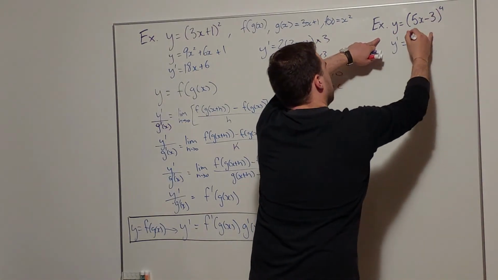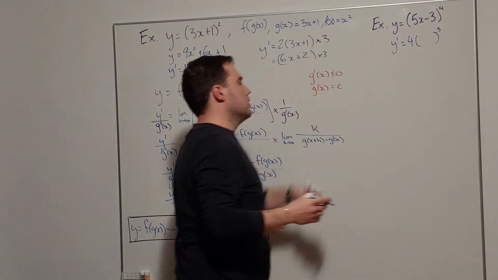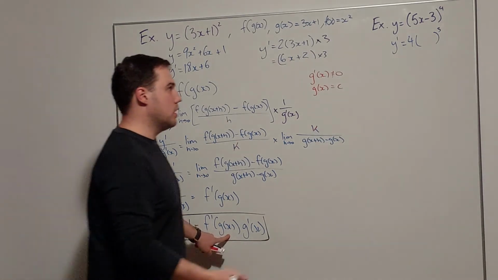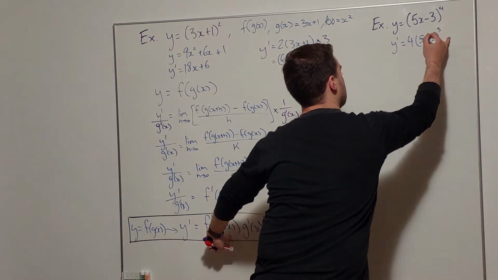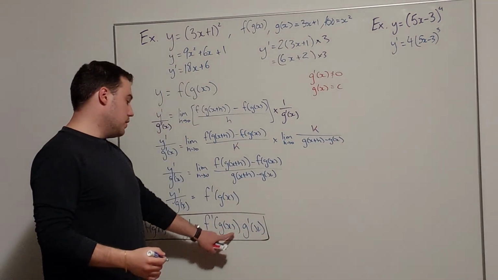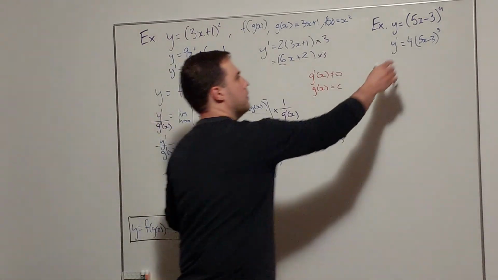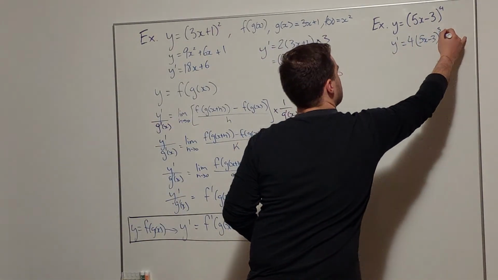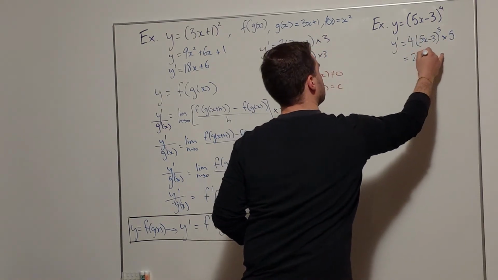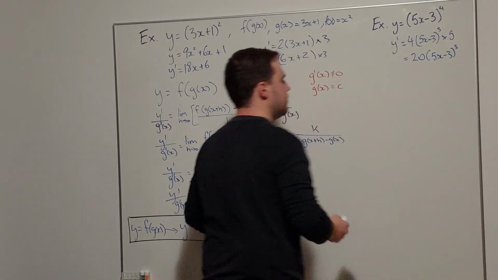We bring the power down and subtract 1 from the power, so that's doing f dash g of x; whatever's in the brackets stays inside, 5x minus 3. But then we also need to times by the derivative of the brackets, g dash x. The derivative of 5x minus 3 is 5, and then we can tidy up: 4 times 5 is 20.